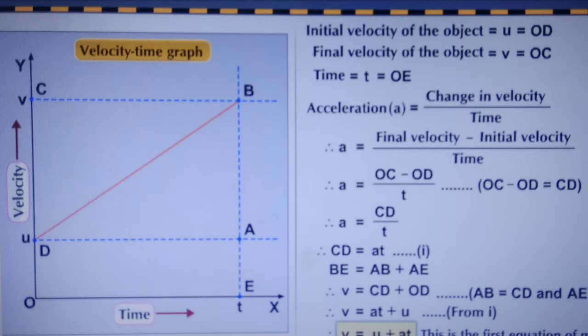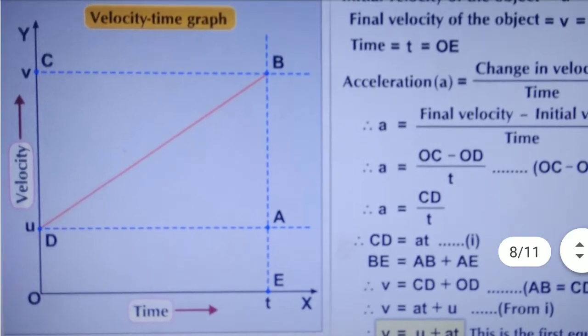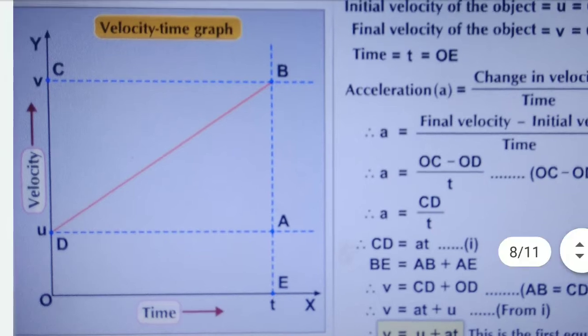Time is shown on the x-axis. The object reaches point B in time t. This is shown on the x-axis, and therefore time t = segment OE.